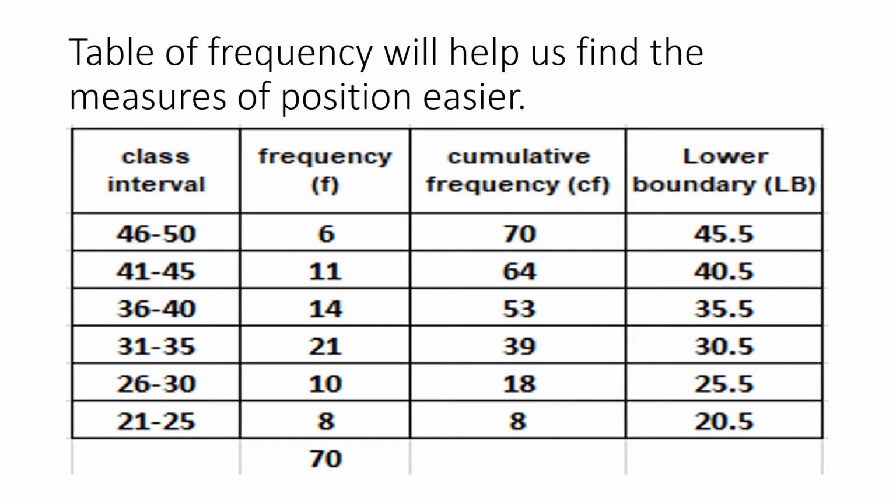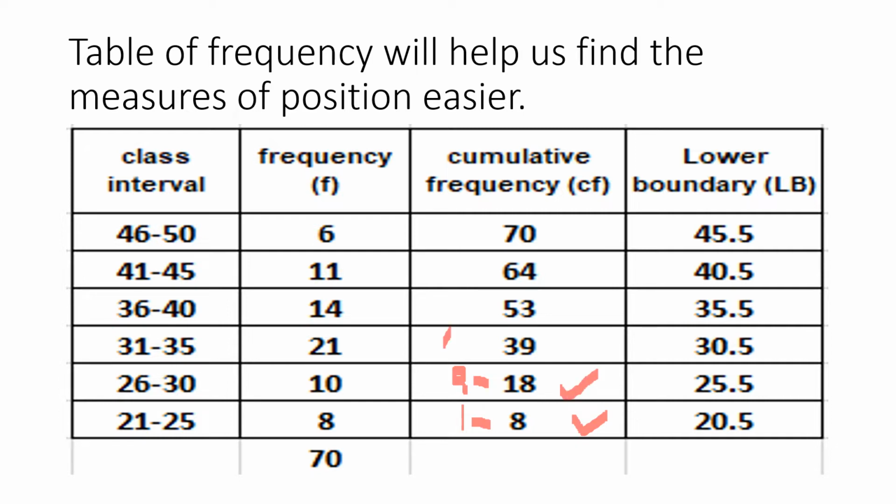Now remember that the position of the quartiles, deciles, or percentiles can be checked using the cumulative frequency. This cumulative frequency will tell us that the first to the eighth data is found here, and from the 9th to the 18th data is found here.